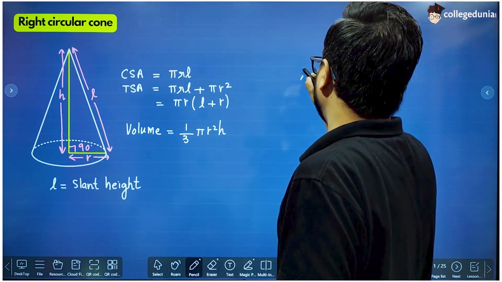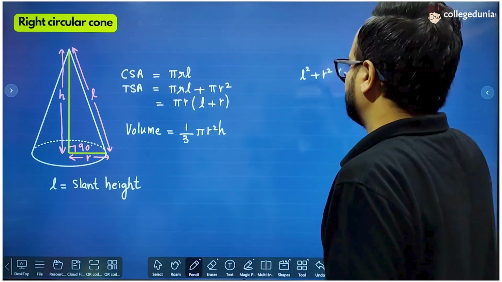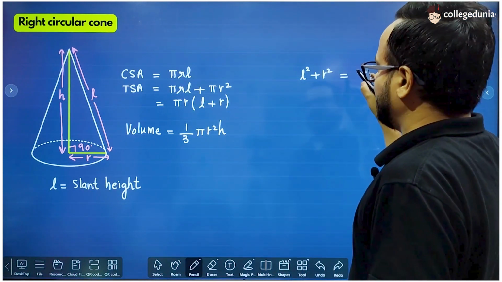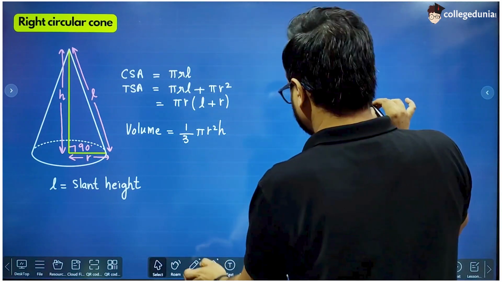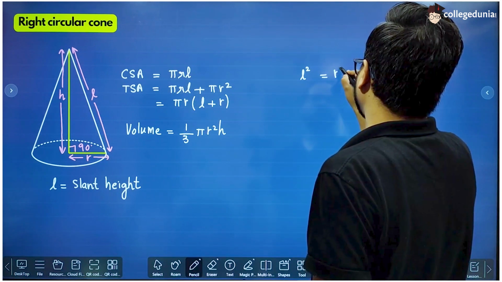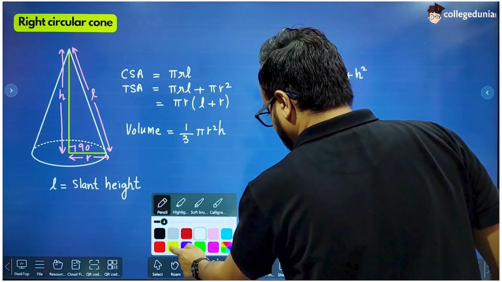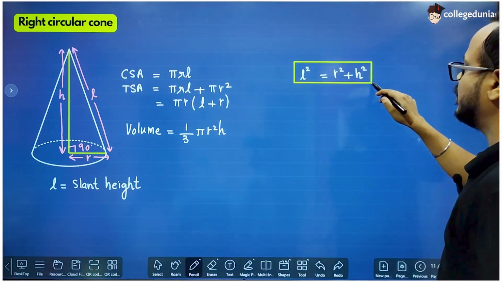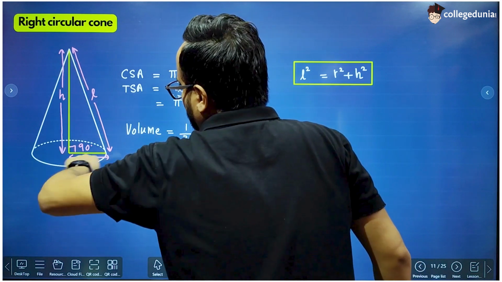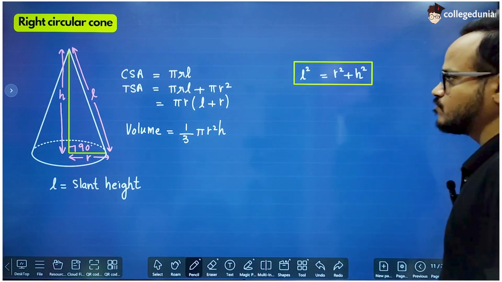So the relation is l square is equal to r square plus h square, and that is simply the Pythagoras theorem, because this is a right circular cone, so these three are forming a right angled triangle.